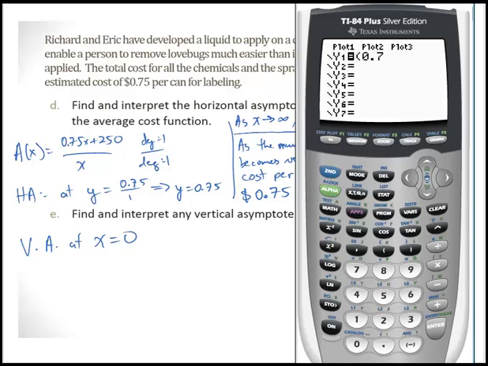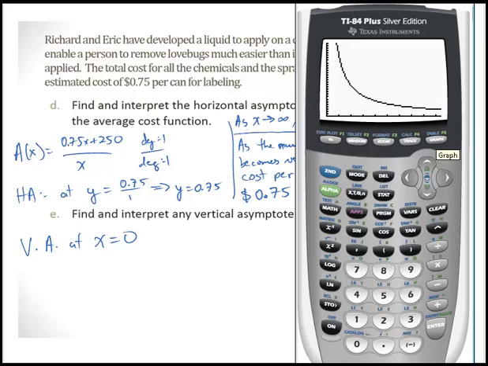So 0.75x plus 250, and divide that by x. And let's go from 0 to, I'm just going to use 9.4. And for the y's, now the average cost can't be negative, so let's use 0. And let's use a cost of, how about 300? And I'll use a scale of tens.